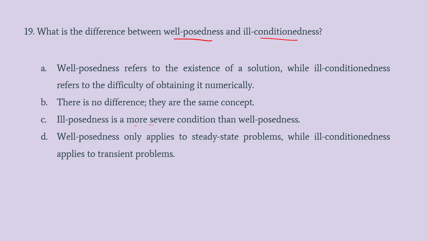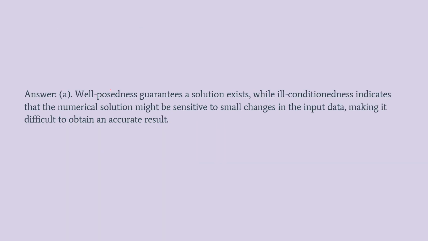So our answer is option A. Well-posedness refers to the existence of a solution, while ill-conditionedness refers to the difficulty in attaining it. As we discussed, well-posedness only says that the system should be solvable.